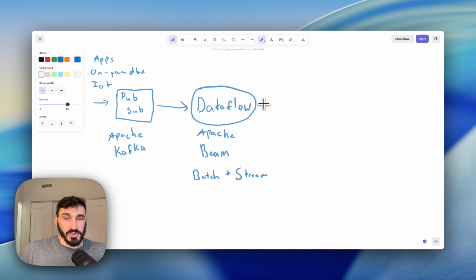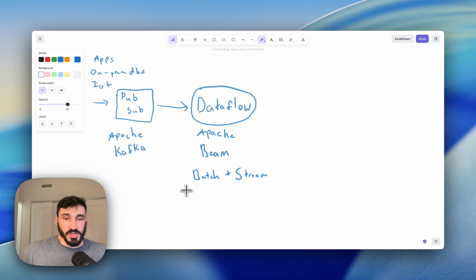You'll see some solutions even involve just data going straight to Dataflow. And that solution is becoming a little bit more common, but it's still a good practice to have PubSub act as that message bus and buffer between the source and the destination. And in this case, the destination after PubSub is Dataflow.